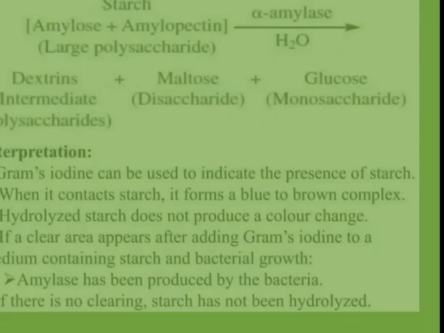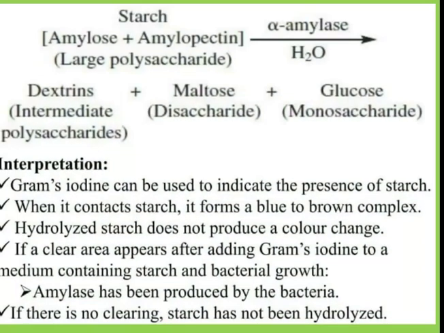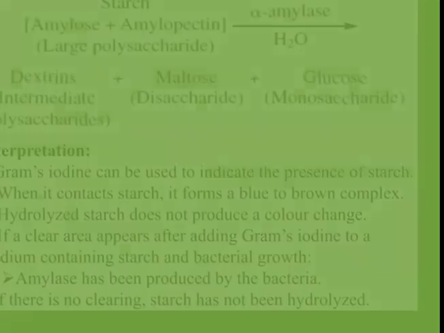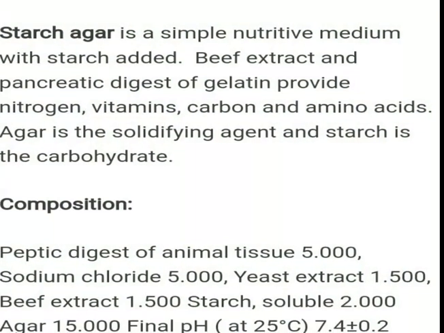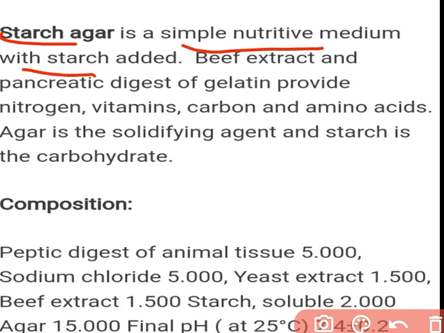The medium used for this practical or experiment is a starch agar plate, which is nothing but a modification of nutrient agar. It is a simple nutritive medium in which starch is added.